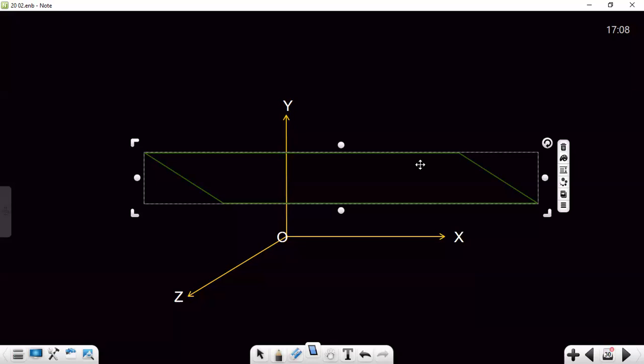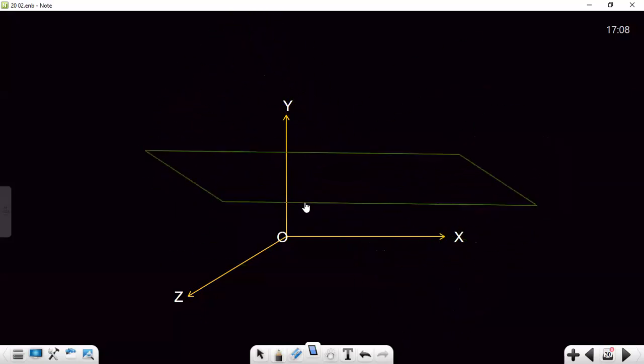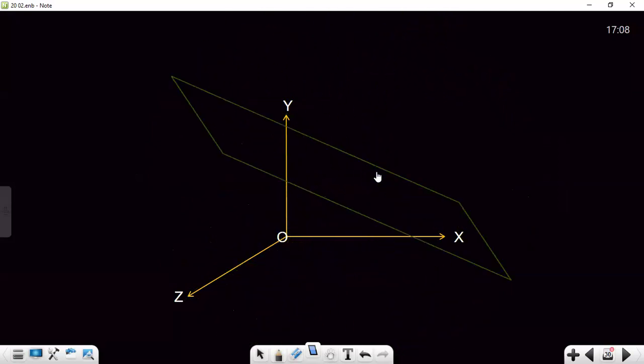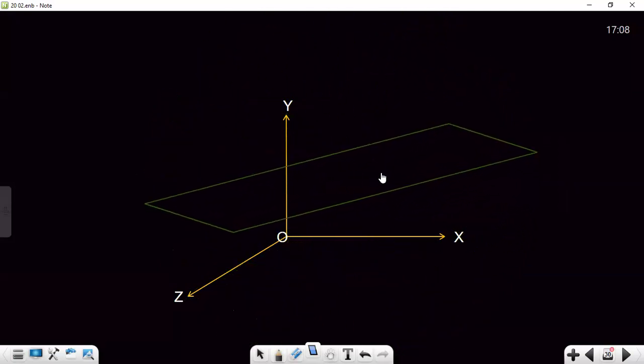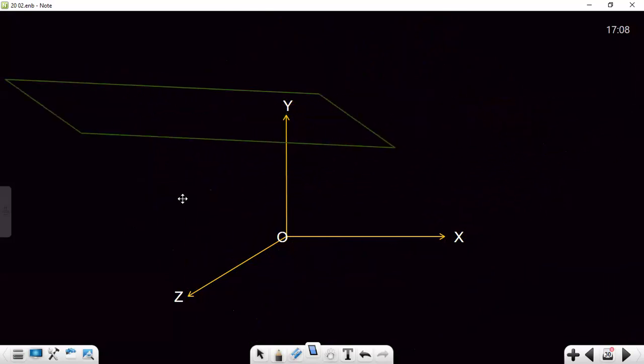So this plane, we are going to discuss this plane. Now, how many different planes can there be? How can there be different planes? Planes can have different angles first. Okay, that's one thing. And planes can have different positions with respect to the origin.